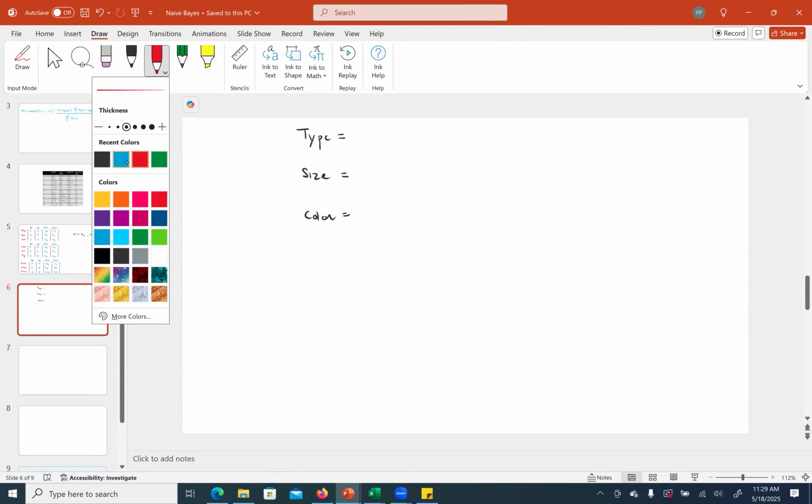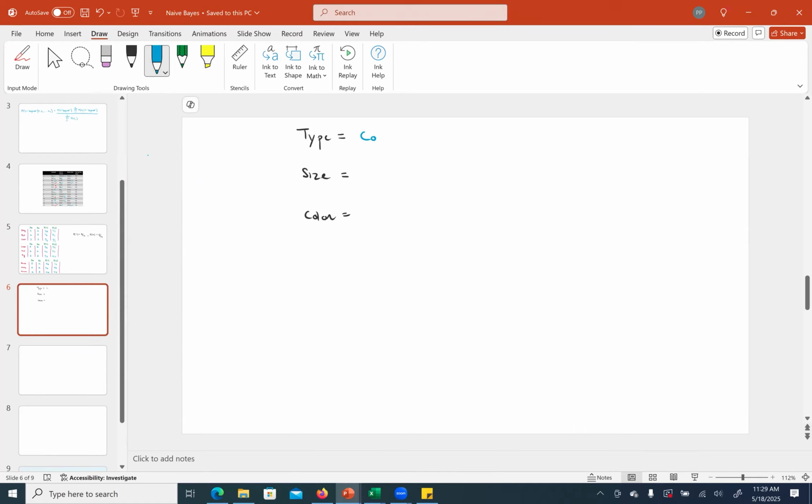Type can be, let's say, cow. Size can be medium. And let's say black. My target variable is whether I should pet this animal or not.